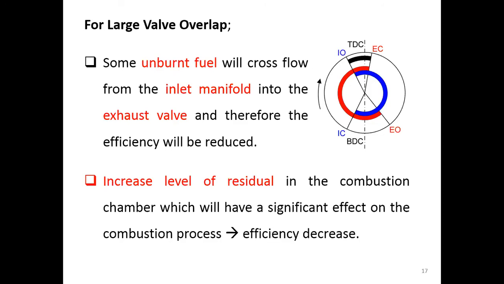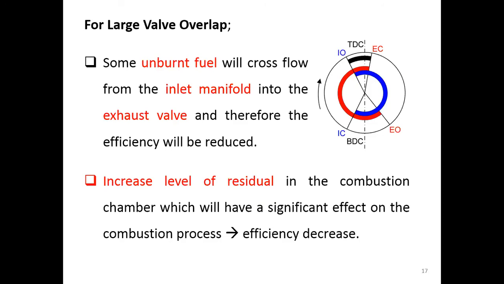So your fuel air mixture comes in, and since the exhaust valve is still open, there is a chance that the unburned fuel, which is the air fuel mixture, will cross flow, that means flow across from the inlet manifold to the exhaust valve. And that means the efficiency of your engine will be reduced.